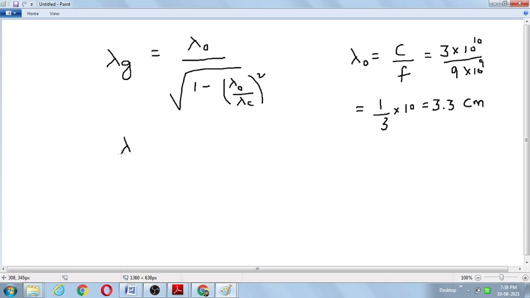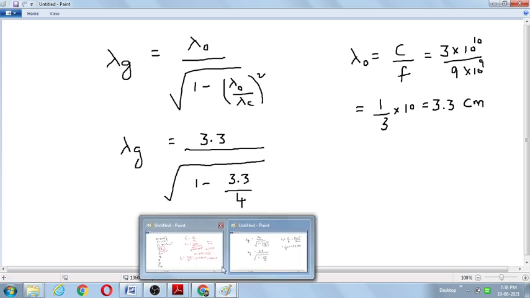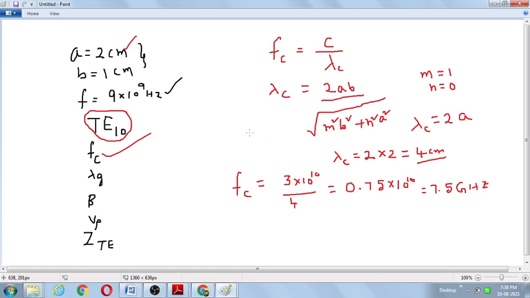Lambda g is equal to lambda naught, 3.3 centimeters, divided by square root of 1 minus lambda naught 3.3 divided by lambda c, 4 centimeters, already calculated because it is operated in dominant mode. So lambda c is equal to 2a, 2 into 2 centimeters, 4 centimeters.